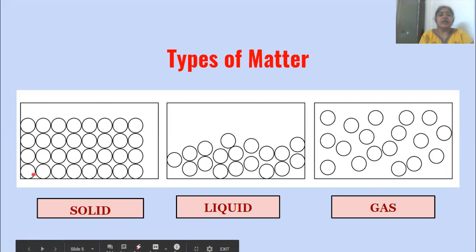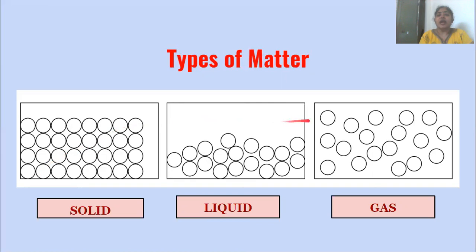They are so compactly arranged that the distance between two molecules is very, very less, or we say the intermolecular distance is the least in solids. On the contrary, if you have a look at the gases, you will see that the particles are very far flung. They are very far away from each other.